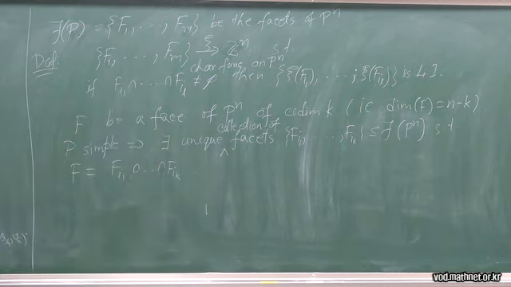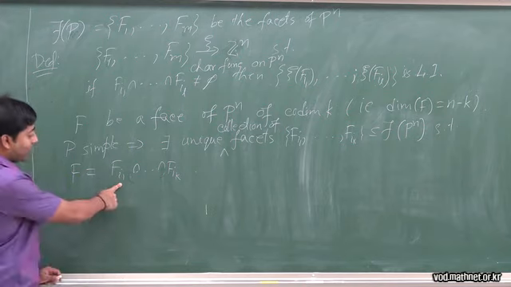And now we know that each F_ij has an associated vector.